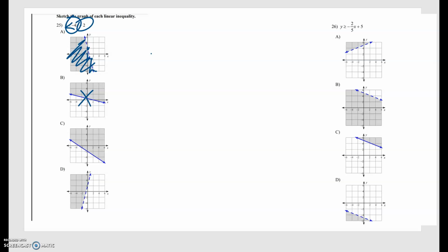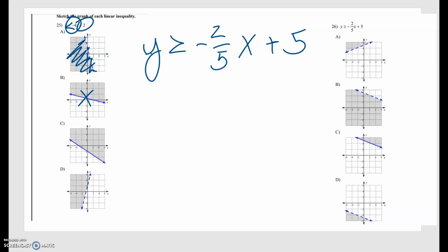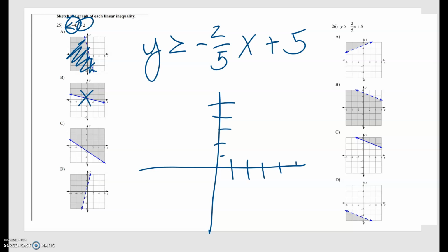So our equation is y is greater than or equal to -2 over 5 x plus 5. So if I'm looking at a coordinate plane, I would have to cross it at +5. So it crosses at +5, and its slope is down 2 and over 5.